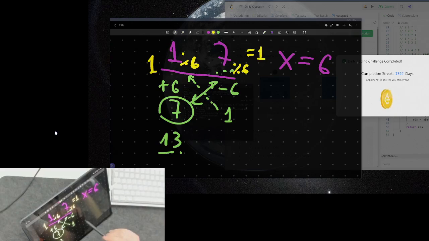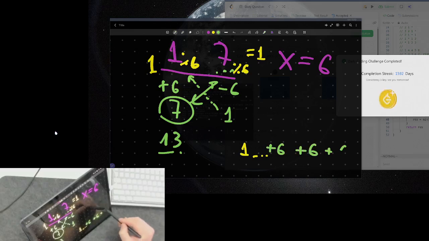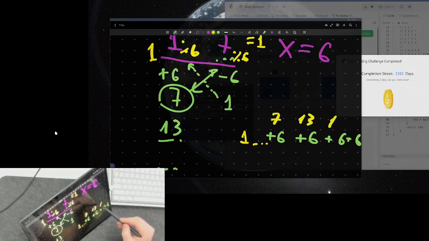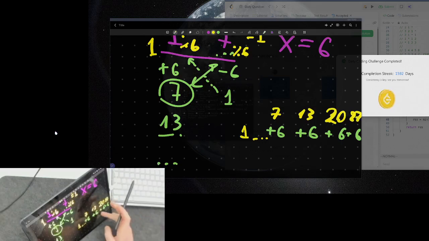It tells you that there is a sequence of numbers that starts with 1, and when you keep adding 6 plus 6 plus 6, your sequence of numbers is like 7, 13, 19, 25.